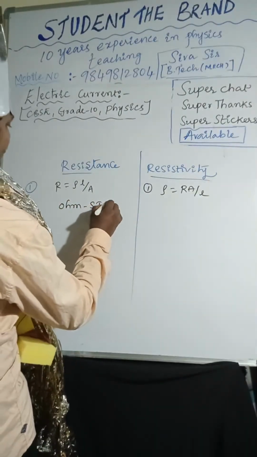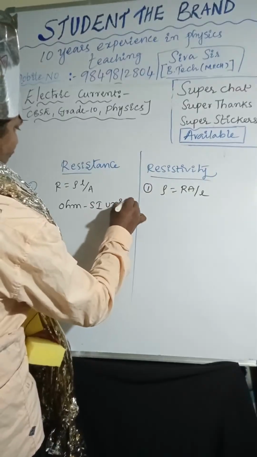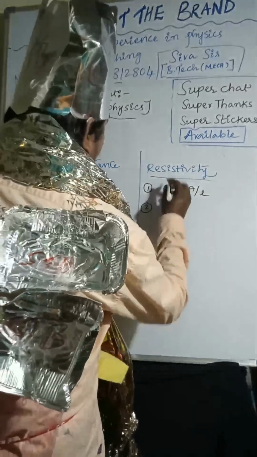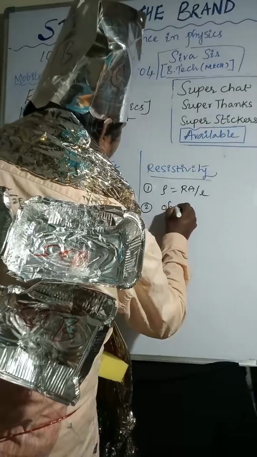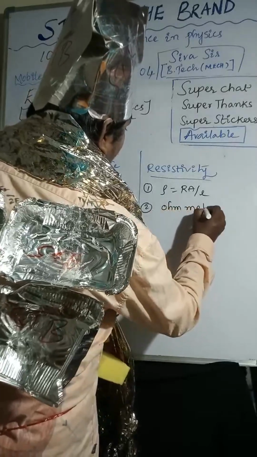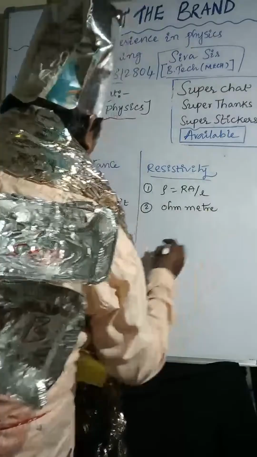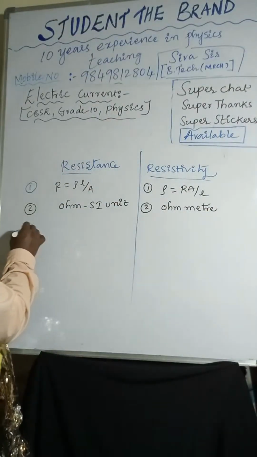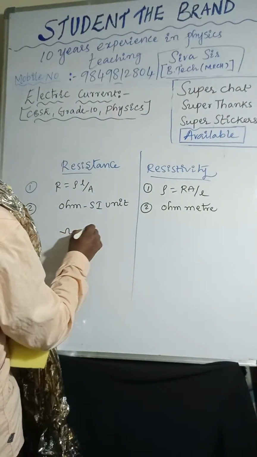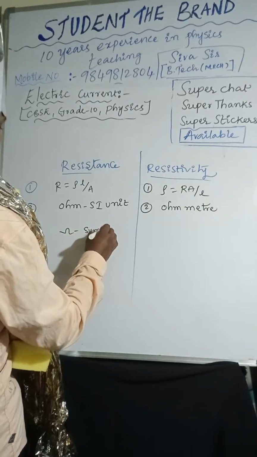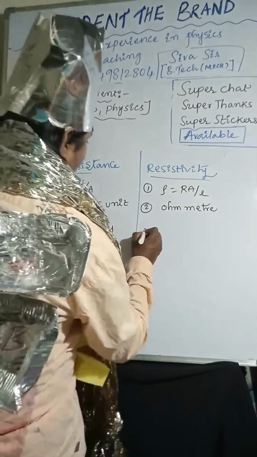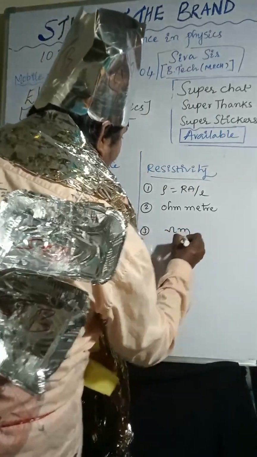Here the SI unit of resistivity is ohm meter. Third, the symbol: for resistance it is ohm, and here the symbol is ohm meter.